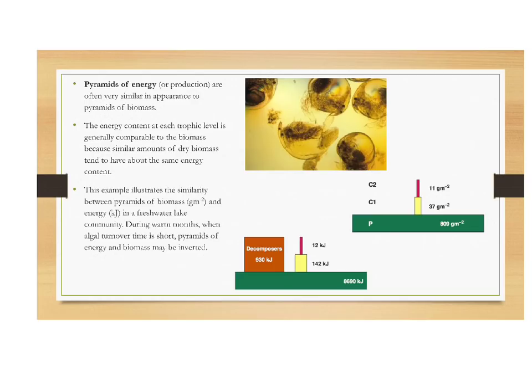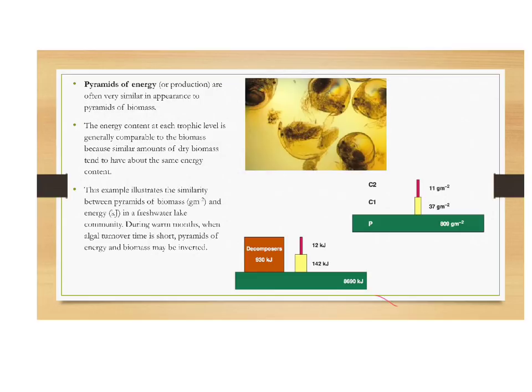Pyramids of energy often are very similar to pyramids of biomass in what they look like. The energy content at each trophic level is generally comparable to the biomass because similar amounts of dry biomass tend to have the same energy content. These two examples illustrate the similarity between pyramids of biomass in grams per meter squared and pyramids of energy, which is in kilojoules, like we were talking about before, in a freshwater lake community.